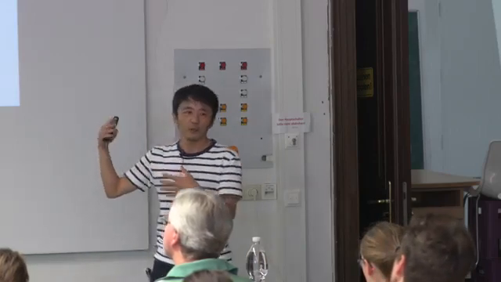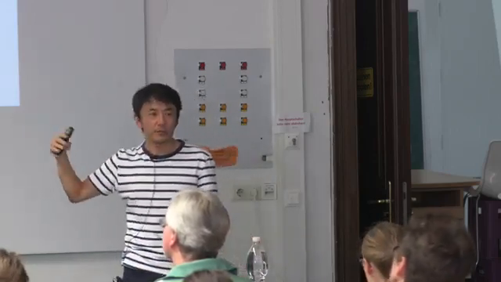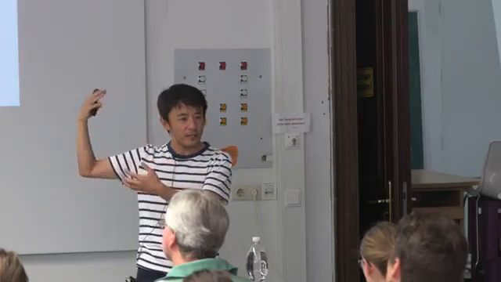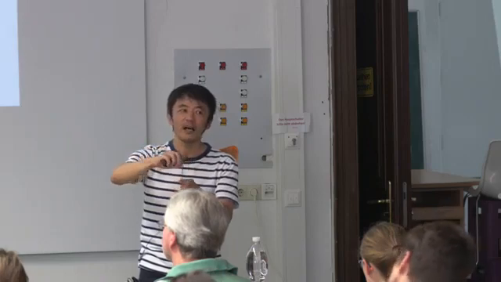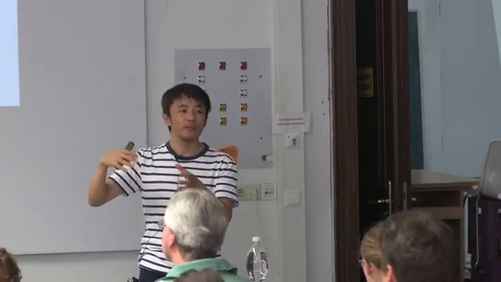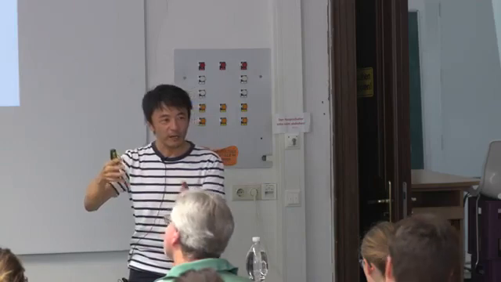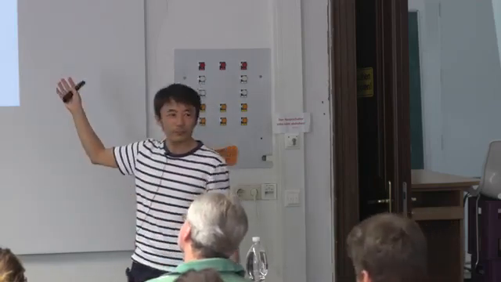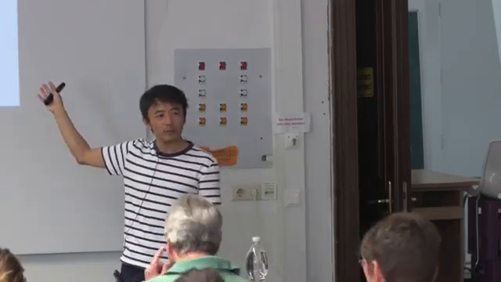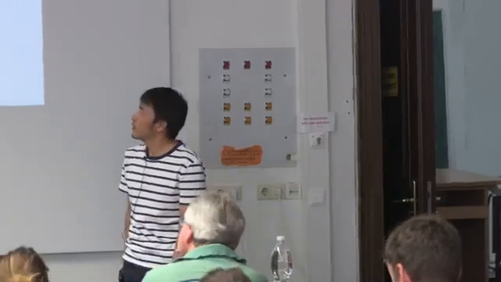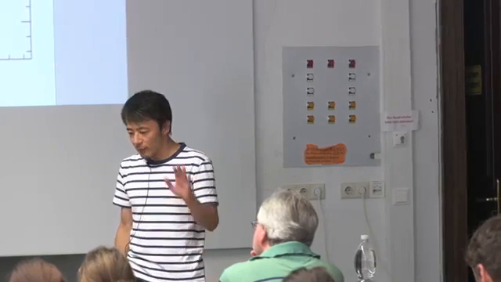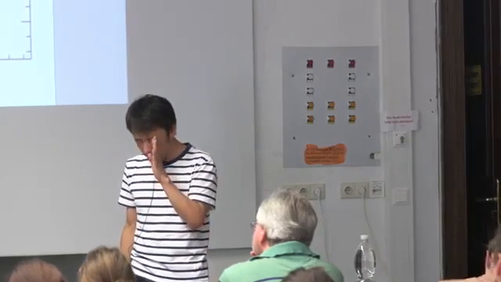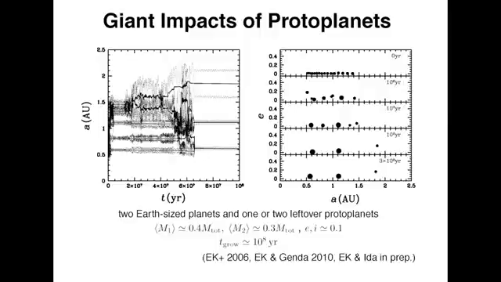So by this process, nearly circular orbits are inevitably formed. Otherwise, the system is unstable, right? That's partially a reason for the coplanarity and also the near circular orbits of the terrestrial planets in the solar system.